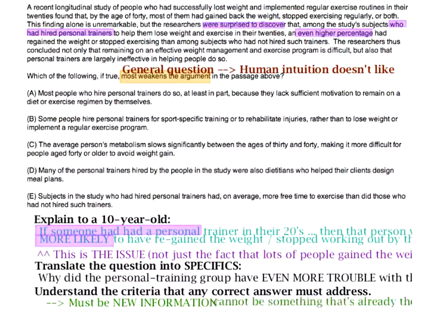And that's something that's true in general of all strengthening, weakening type questions. And then the other thing is, in this case, it has to be something that specifically addresses the issue of the personal training group.